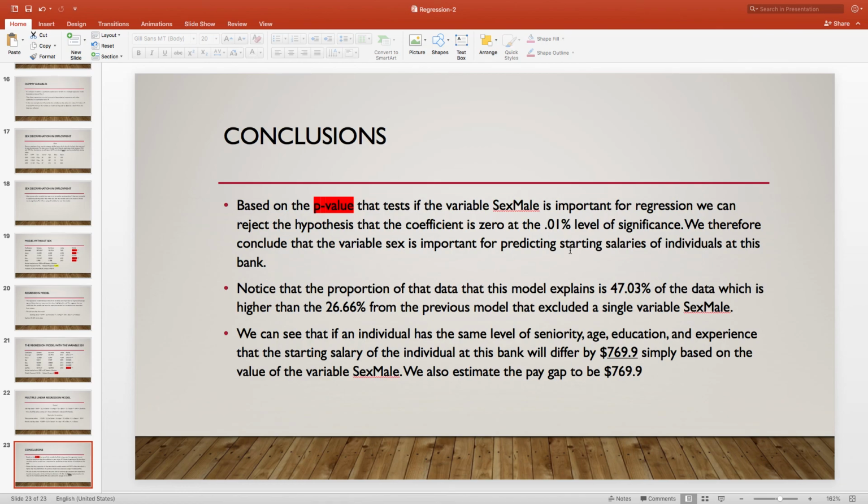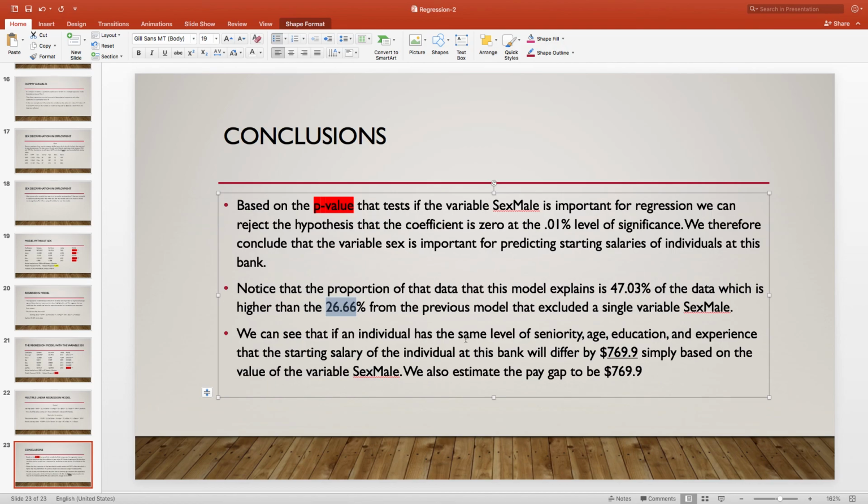We conclude that the variable sex is important for predicting starting salaries, meaning if you're male or female, it makes a difference what your starting salary is. And the proportion of the data that this model explains is about 47%, which is higher than the 26% when we excluded just a single variable.